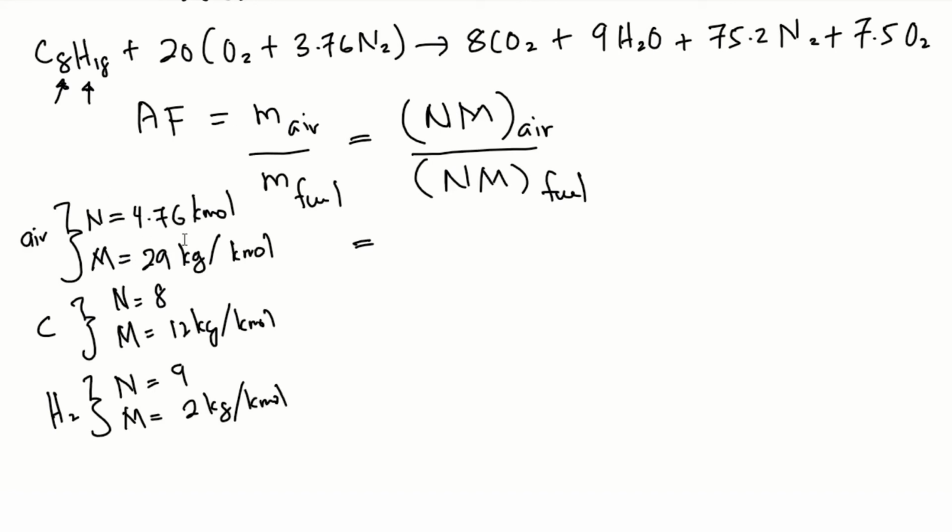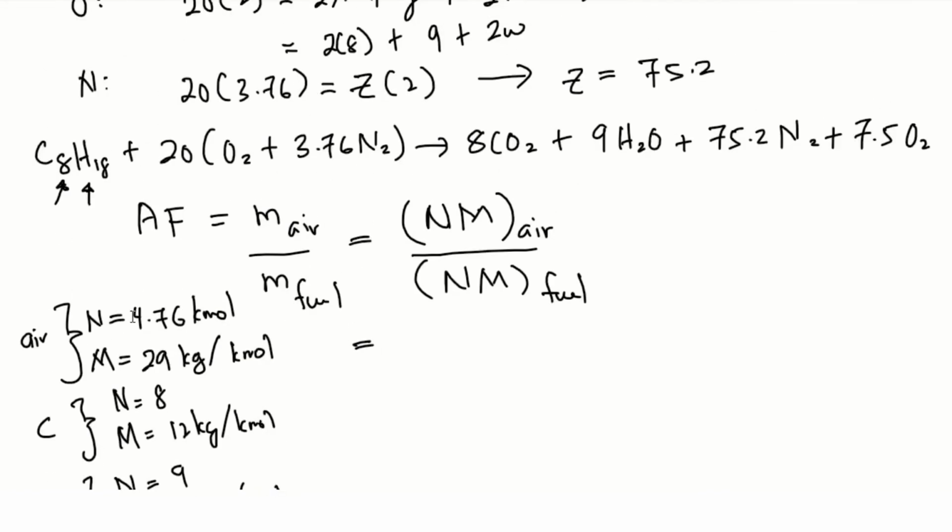This value M, you can refer to the property table. So for air, standard, oxygen plus N2, the value for N is 4.76, right?